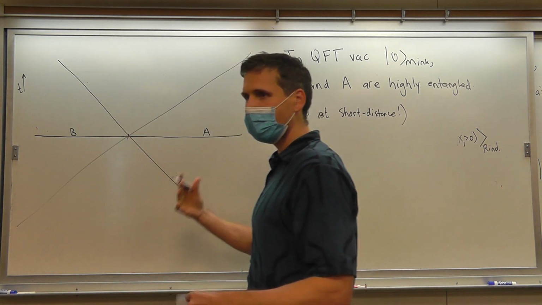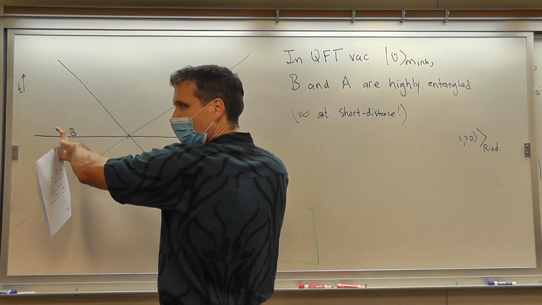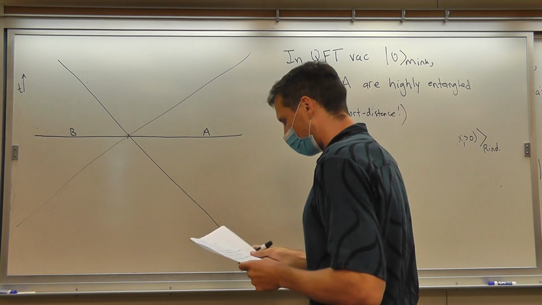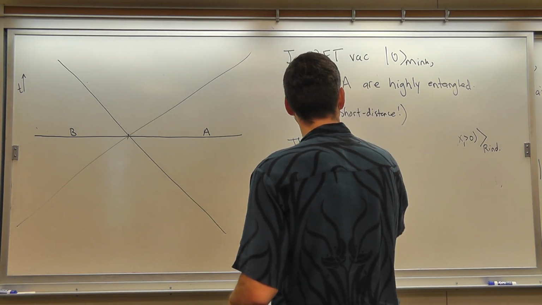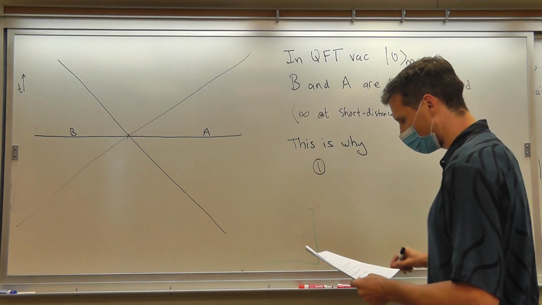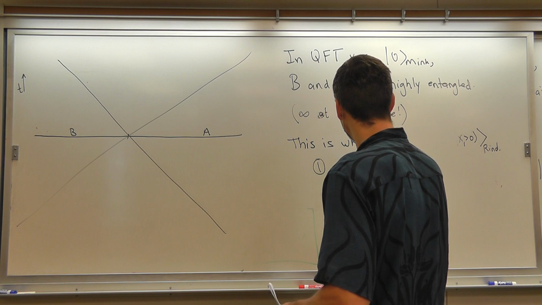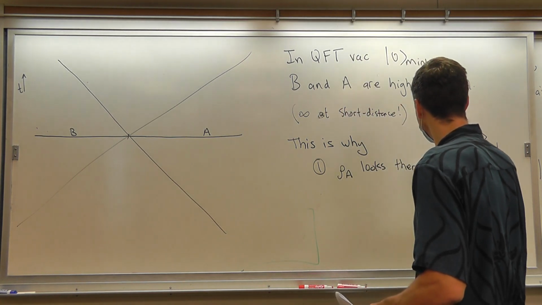And then there's also a finite amount of entanglement at long distances between the long distance modes on the two sides. And this is why, well, two important things. First of all, this is why rho A looks thermal.